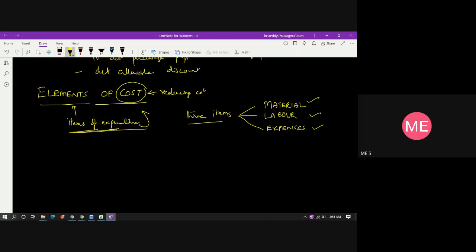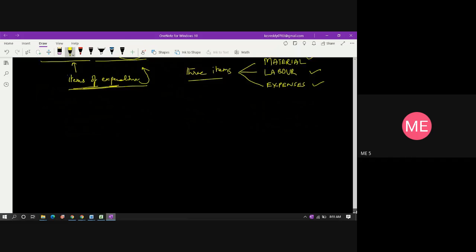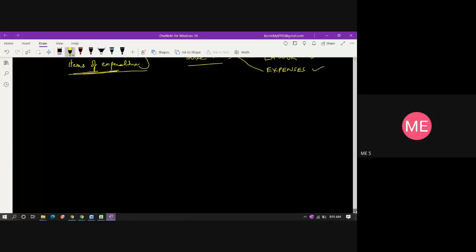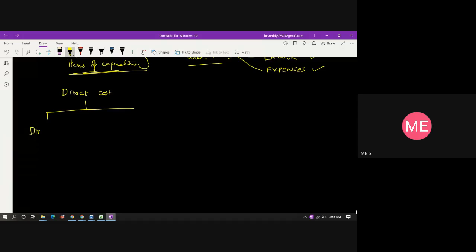Once again, each of these three elements may be direct or indirect. So we can say direct costs and indirect costs. What is meant by direct cost? Here there is direct material cost, the second one is direct labor cost, and the third one is direct expenses.